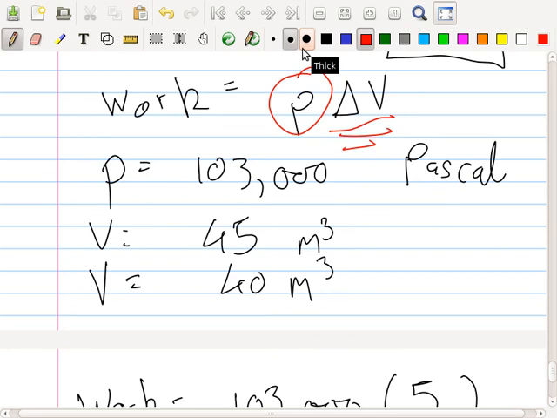Just so you know, the problem with this formula is that it's only approximate, because this P needs to be constant. But if I push this down, what happens to the pressure? It increases. So it's a bad formula. It's only approximate.